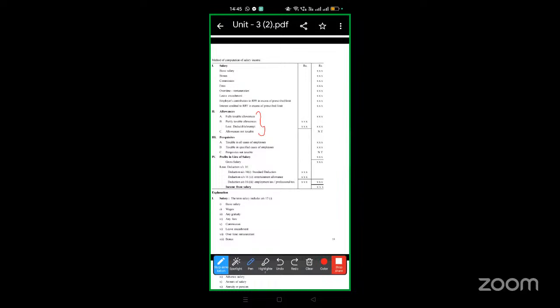When you add these four headings, salary, allowances, perquisites, and profits in lieu of salary, we get gross salary. From this gross salary, you deduct the standard deduction, which is a flat 50,000. Next is entertainment allowance, and the last one is employment tax or professional tax.